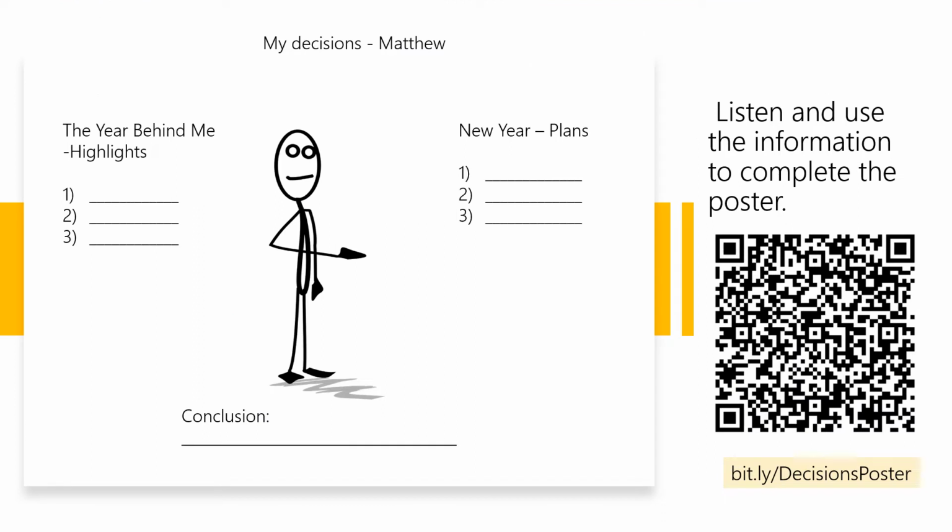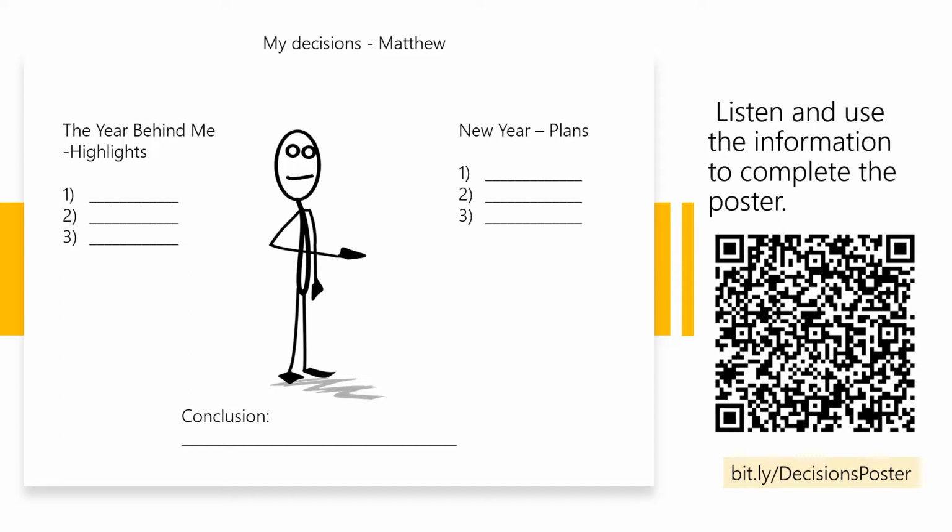Matthew is one of the people who usually make their New Year's resolutions. On this slide, you will find the link and the QR code to his presentation of a poster, and you will see his poster on the left-hand side. My Decisions, Matthew.